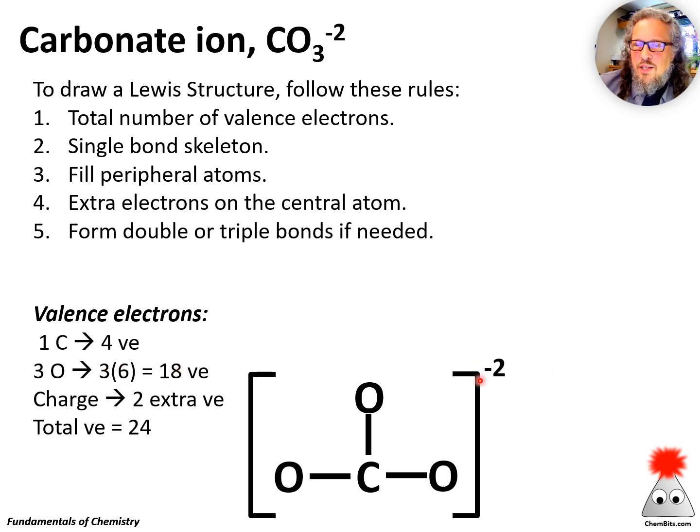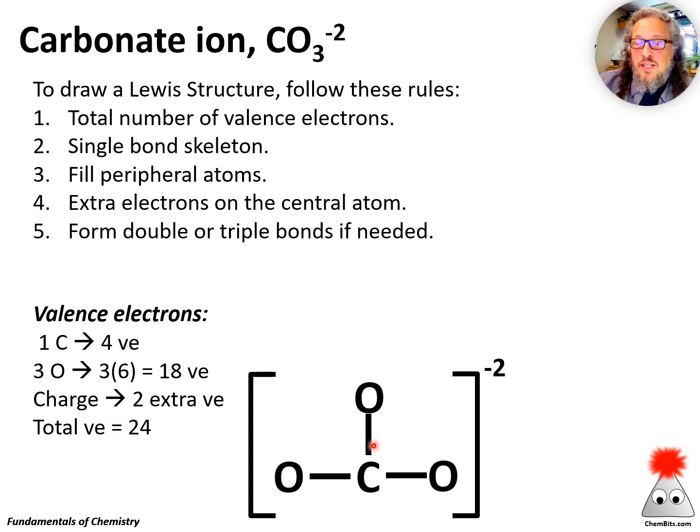And now what about that charge? This -2 charge means that we've got 2 extra electrons, right? Electrons are negatively charged. So a -2 charge here means we've got 2 extra valence electrons floating around in this molecule. So 4 plus 2 plus 18 is 24 total valence electrons.